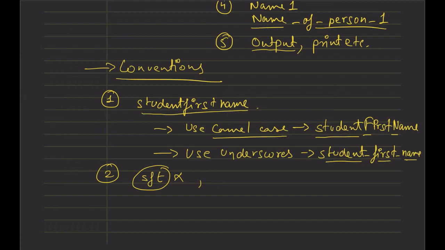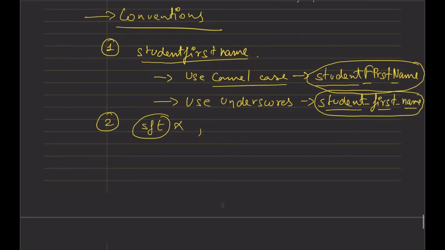The name of the variable should be either like this or like this. So the name should be descriptive. The third and the last convention is that you should not use capital I or O inside variable names, because I looks very much like the number 1 and O looks very much like the digit 0.